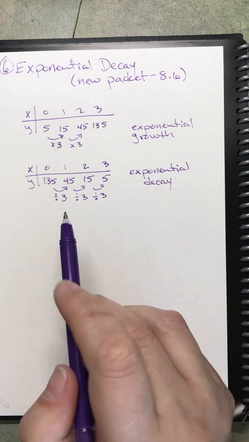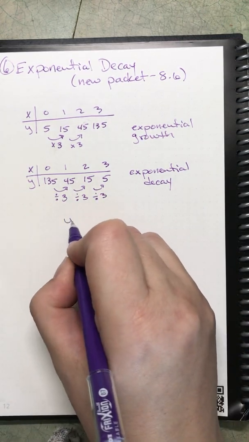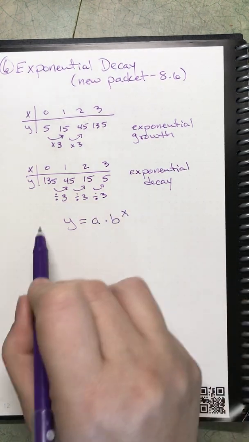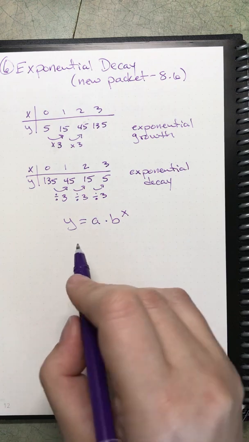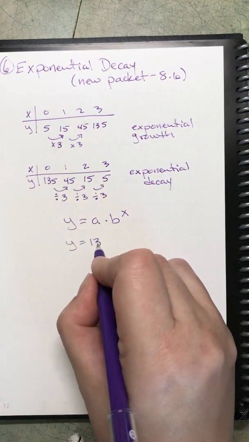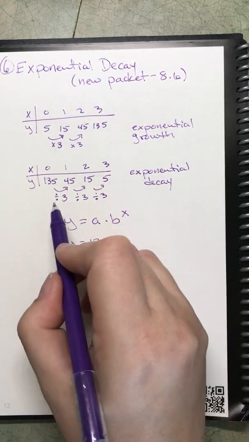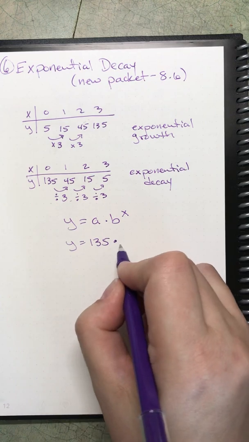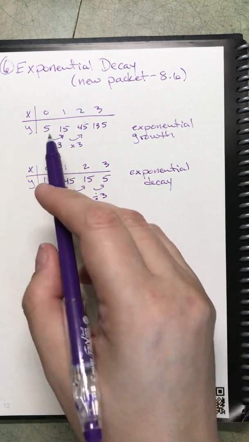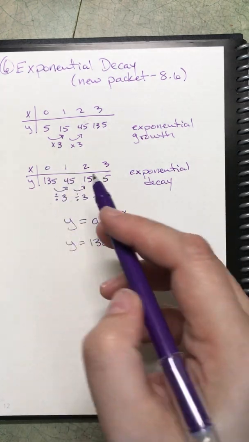So when we write this, we have to write our function. So if we have y equals a times b to the x, this is our exponential function. Okay, I have my initial amount, but this is multiplication and this is division, so I can't just put a 3 in there. So what I need to do is think about, in terms of this relationship, the opposite of multiplying is dividing.